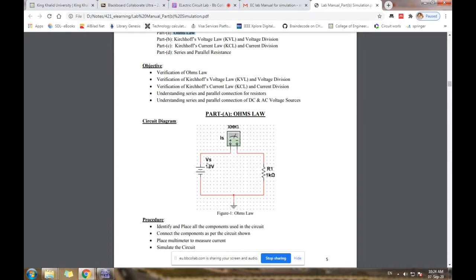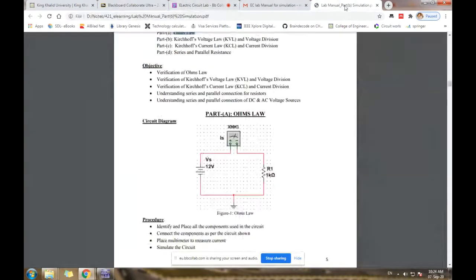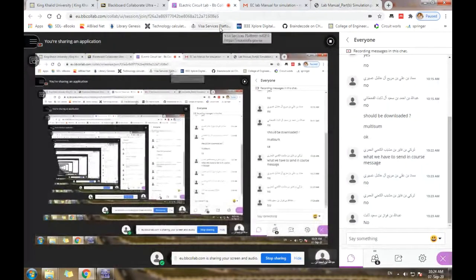As we increase the voltage, the current will also increase. If we decrease the voltage, the current will also decrease. So we can say that Ohm's law is verified, right, brothers? I repeat again, the voltage is directly proportional to the current at constant resistance. So you can say that V is directly proportional to I.